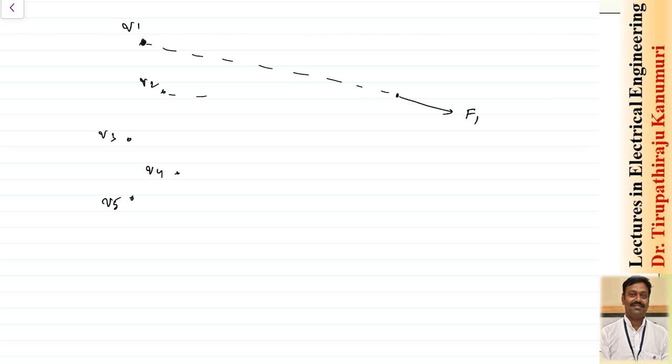This is F1, force acting on this, or similarly because of this the E1 will come. Similarly this will be the value of E2, it is acting on this. Similarly this will be E3, and because of Q4, E4 will come like this. Similar is the case for E5.